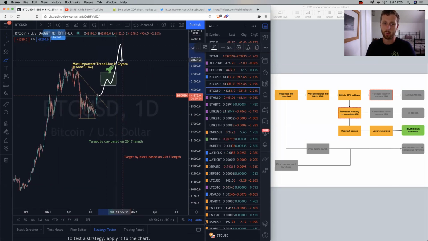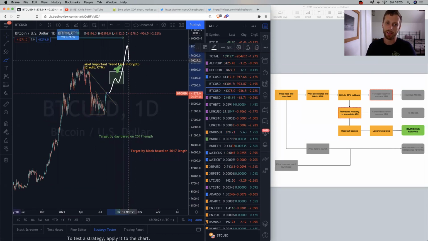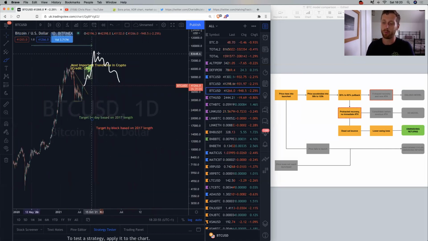Now, what happens at that point if perhaps we have a bounce, a dead cat bounce, we consolidate for a while, and again at this point we will be thinking that, oh, perhaps Ken's model is playing out. But what if actually that is the beginning of the bear market, and we put in lower lows, lower highs, lower lows, and then we have 1 year of a bear market? That is very possible. That would mean that our top would be somewhere between $80,000 and $120,000. So I've labeled that as diminishing returns.